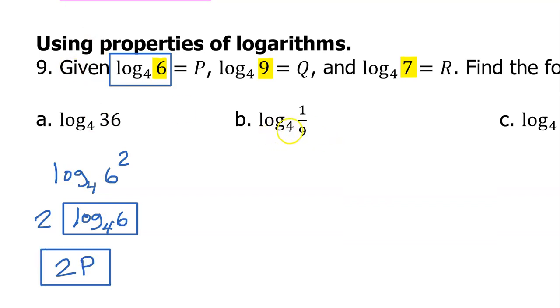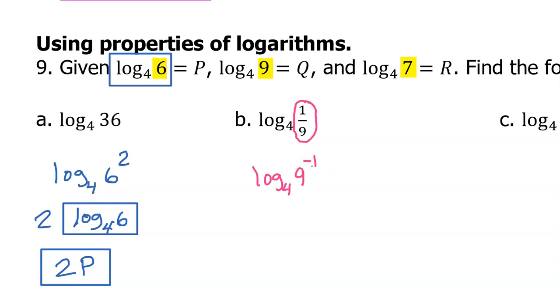On part B, we have log base 4 of 1/9. 9 is one of the numbers that I want. Does anyone have a guess as to how I will rewrite the 1/9? I see Sophia's hand, but I want to get more people involved if I can. Naya? 9 to the negative first power. Can you guys see how that would be the same thing? So if I write log base 4 of 9 to the negative 1 power.